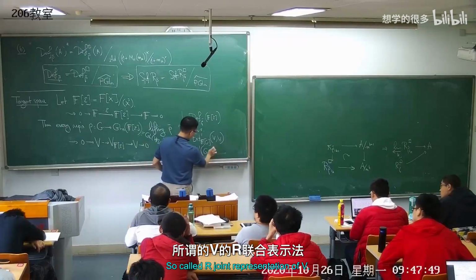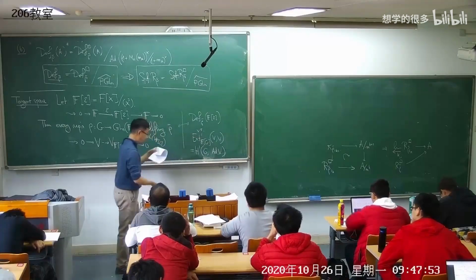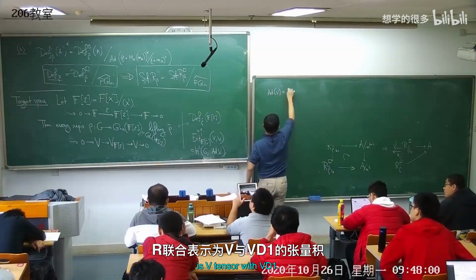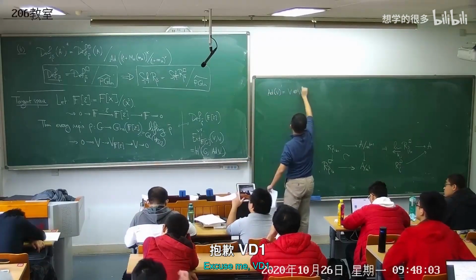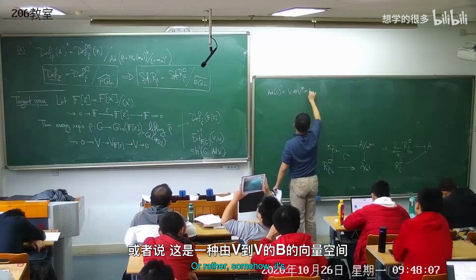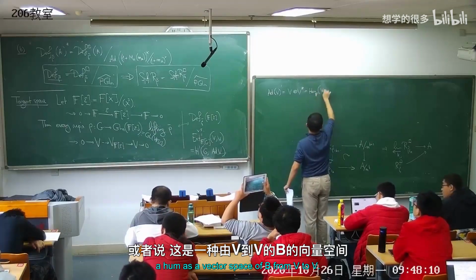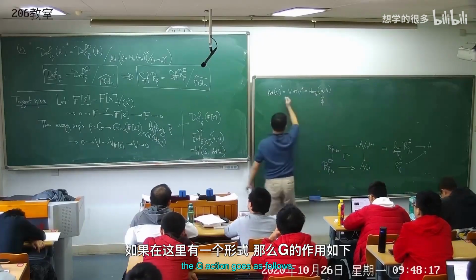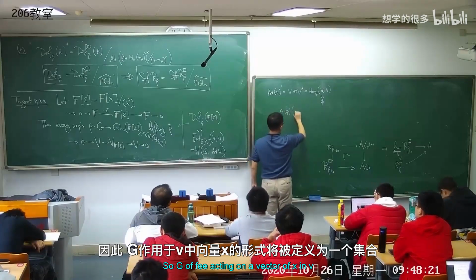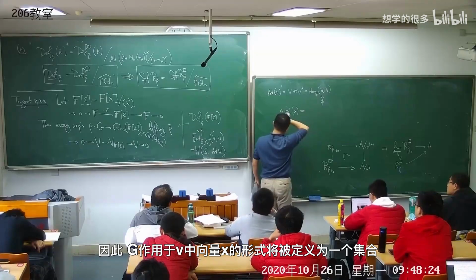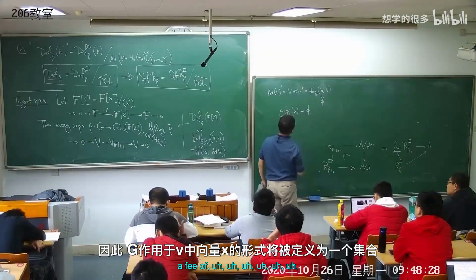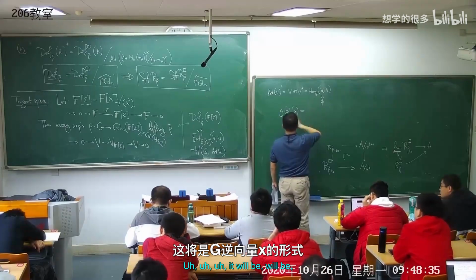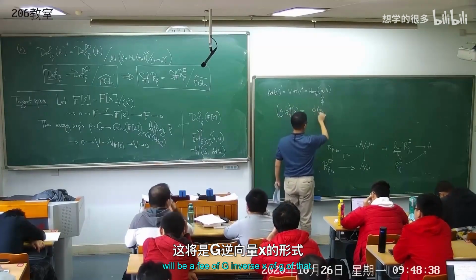In your homework, I'm going to ask you to show this is the same thing as H^1 of G with coefficients in the so-called adjoint representation of V. Let me explain what the adjoint representation is. The adjoint representation is V tensor V dual, or rather, as a vector space, Hom from V to V. The G action goes as follows: if you have a phi here, then G acting on phi, applied to a vector x in V, is defined to be g of phi of g inverse x.